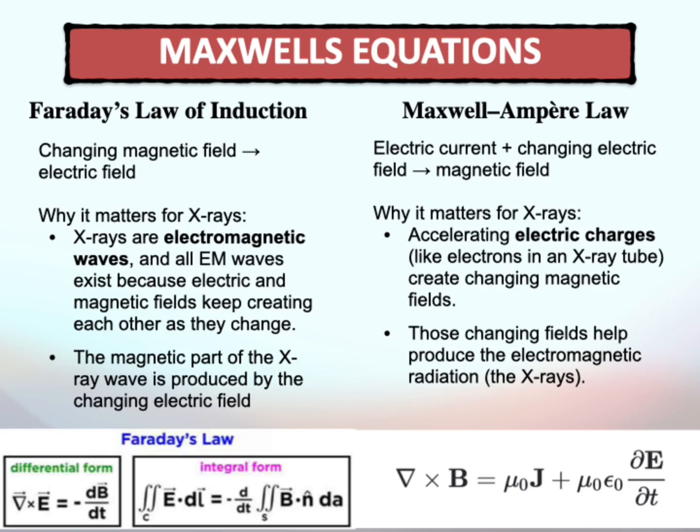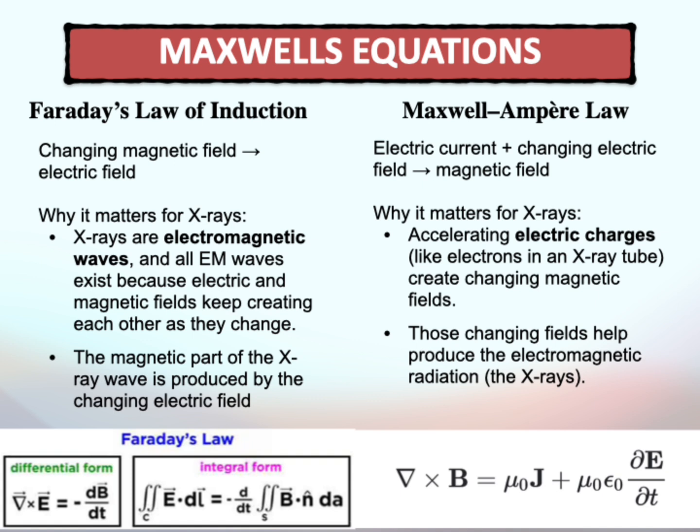Maxwell's equations. Faraday's law says a changing magnetic field creates an electric field. Why does it matter for X-rays? Well, X-rays are electromagnetic waves, and all electromagnetic waves exist because electric and magnetic fields keep creating each other as they change. The magnetic part of the X-ray wave is produced by a changing electric field.